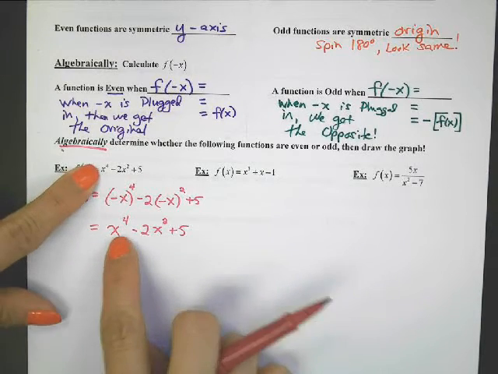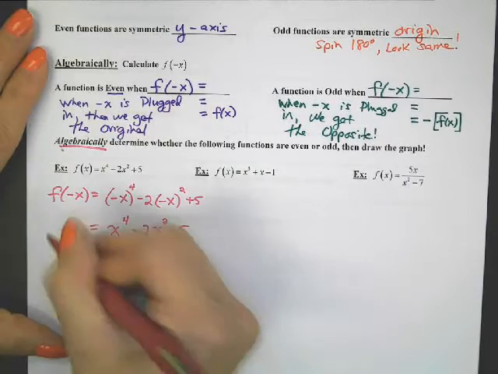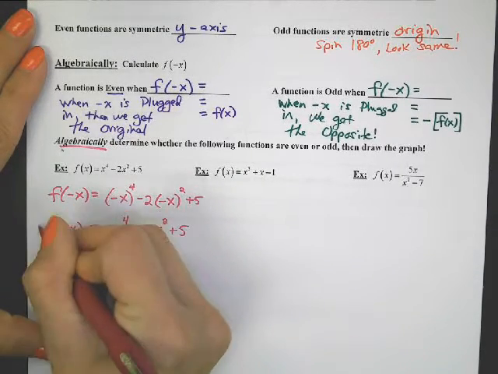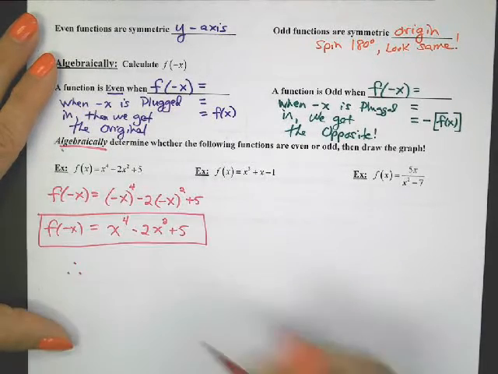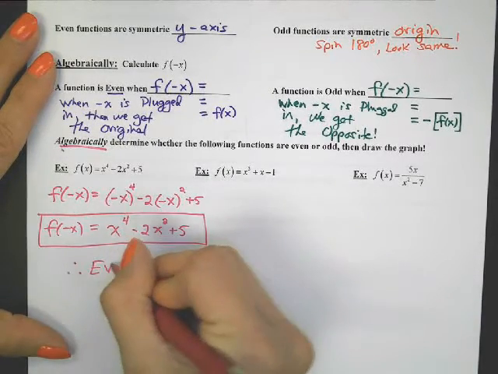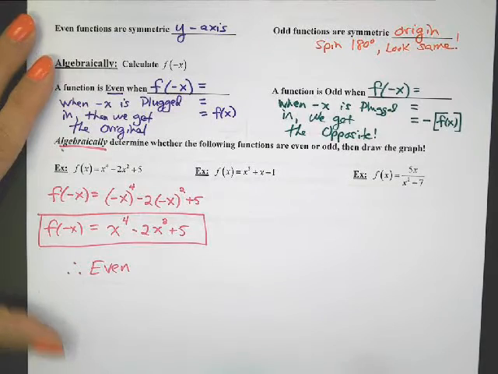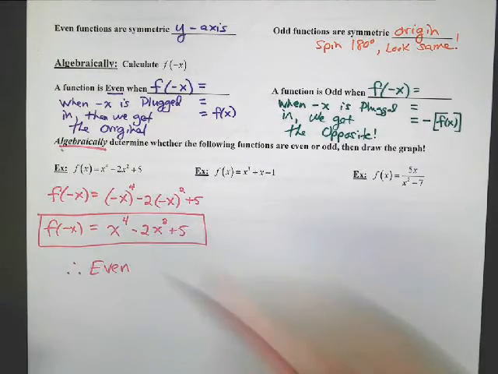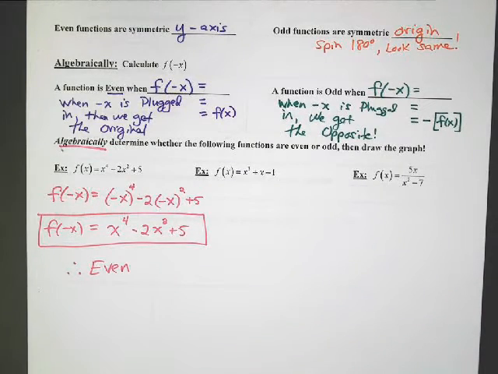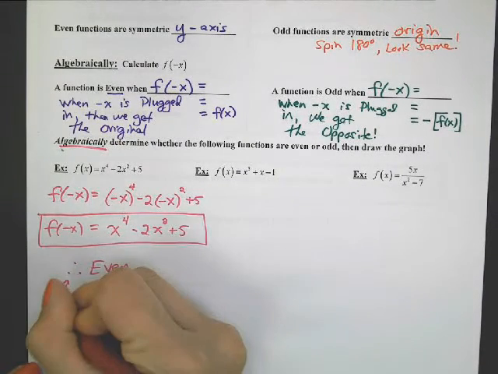Exactly the same? Yes. Since f of negative x is the same as the original, then we say, therefore, even. Everyone always asks me, what does this symbol mean? That means therefore. Therefore, I'm going to say even. I put that in the notes, therefore.